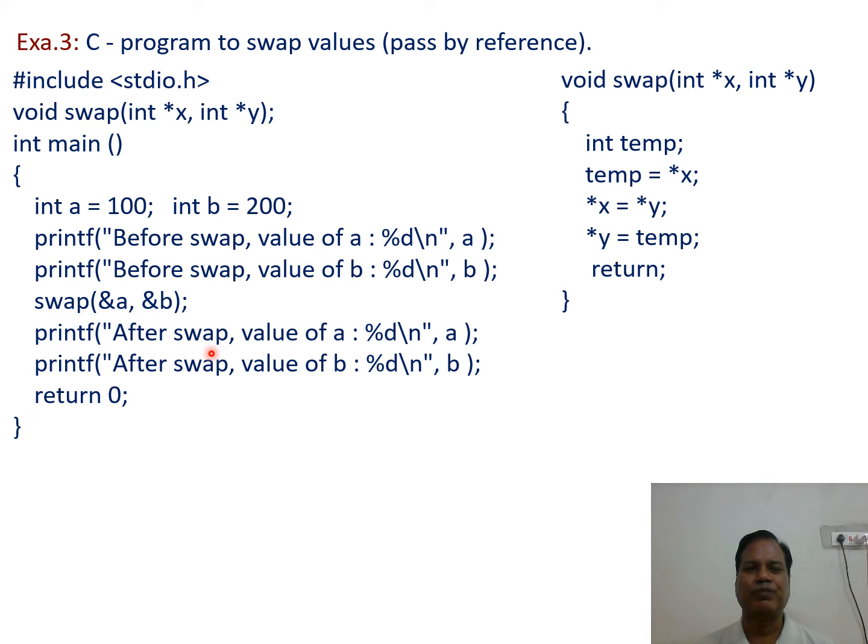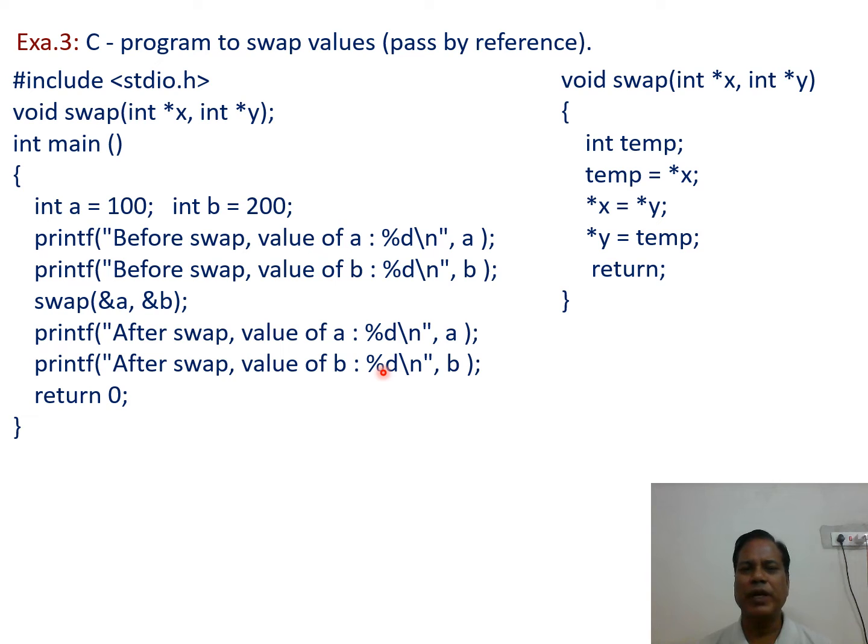"After swap, values of a:". What is the value of a is going to be printed here, and naturally the value of a, in the memory location, now 200 is present. So 200 is going to be printed here, and using the next printf statement, "After swap, value of b:", this value of b is going to be 100.